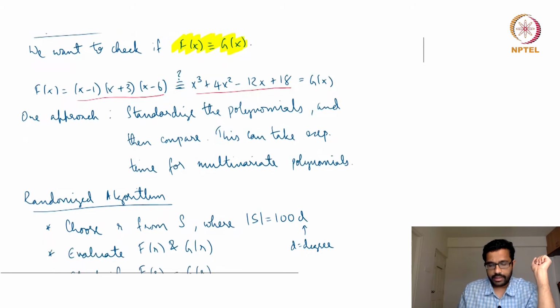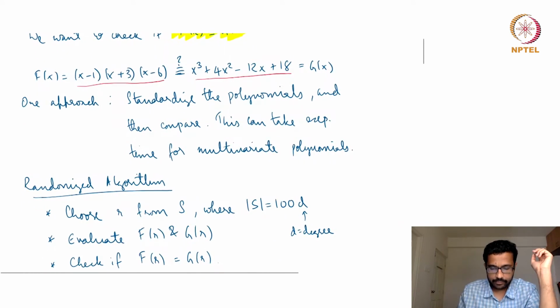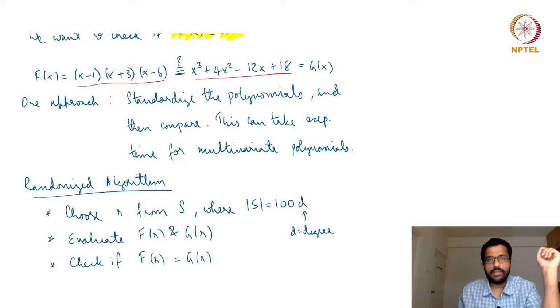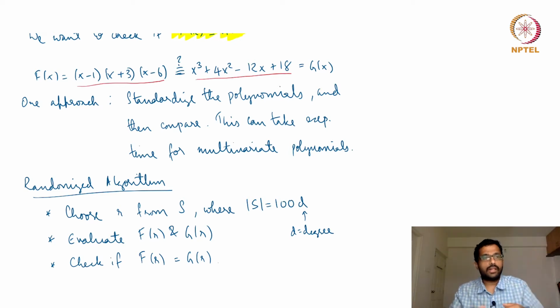So one approach is to standardize the polynomial and compare, and this can be done for univariate polynomials. Univariate means polynomials of a single variable, such as this. Here the only variable in f and g above is x, but if you have multiple variables, let's say the number of variables is n, then potentially you could have many such factors like x1 plus x2 multiplied by x3 plus x4 multiplied by x1 plus x6 multiplied by x1 plus x7, a lot of terms, and when you try to multiply them all, it could result in an exponentially large polynomial.